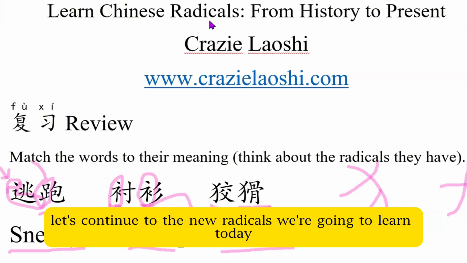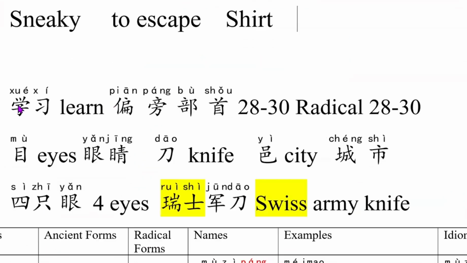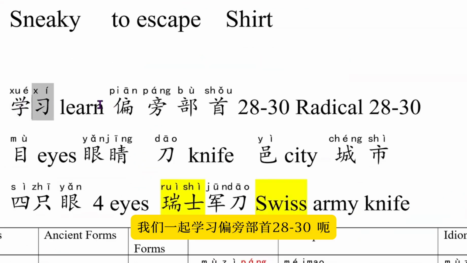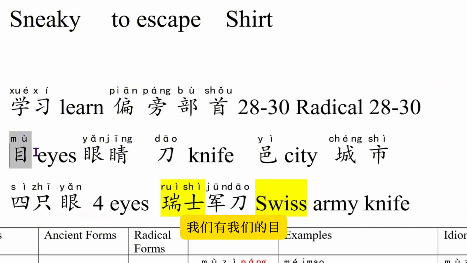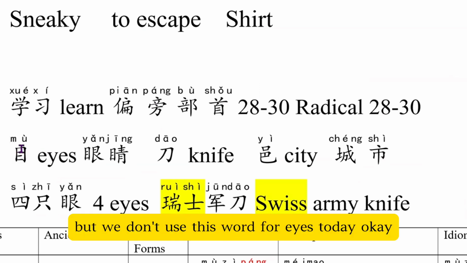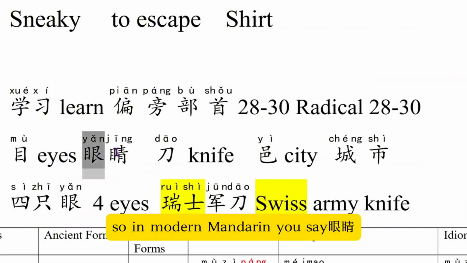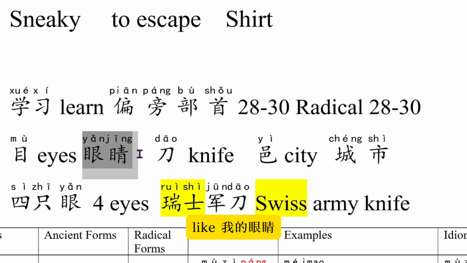Okay, now let's continue to the new radicals we're going to learn today. So 我们一起学习偏旁部首28到30。我们有我们的目。好，目是 eyes, but we don't use this word for eyes today, okay? So in modern Mandarin, you say 眼睛, like 我的眼睛, okay?